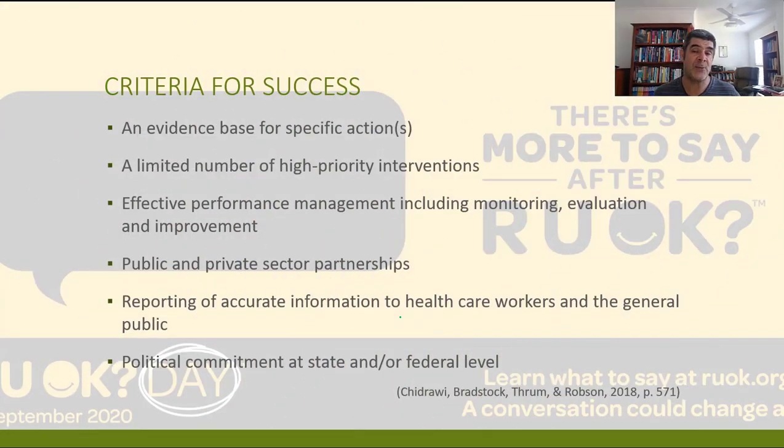Well, our textbook, our Biology in Focus book, suggests that there are a few criteria that are important for you to tick through as you're looking at and evaluating these particular types of programs. So is there an evidence base for specific action? When we're going to tell the public about it, we need to have some good evidence behind it. Are there a limited number of high priority interventions?